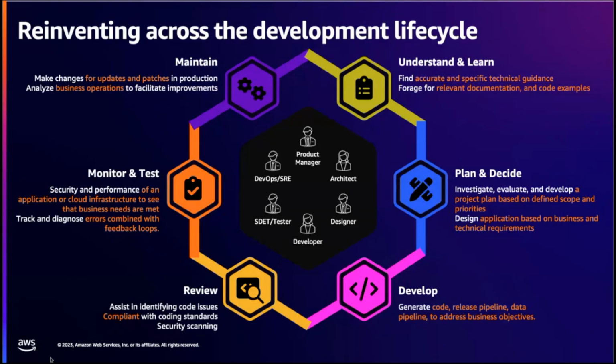But we wanted to move forward with that. We wanted to go further, and then we started adding new capabilities provided out of the box with Amazon Q. For example, say you wanted to plan your application and need to find specific technical guidance from relevant documentation and code examples. Say you wanted to implement a serverless application. There are multiple ways to tackle this. You can use a Lambda function, or you can go with EKS using Fargate.